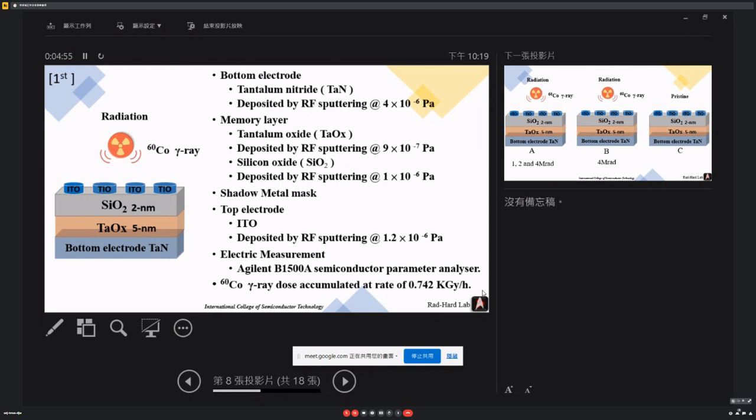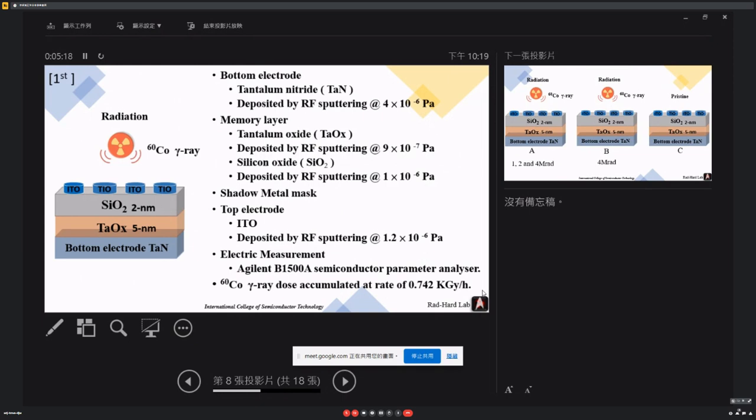I fabricated a bilayer device. Both switching layers are deposited by RF sputtering. Then I patterned the electrode using a shadow metal mask, and then I deposited the top electrode, which is ITO, with sputtering.